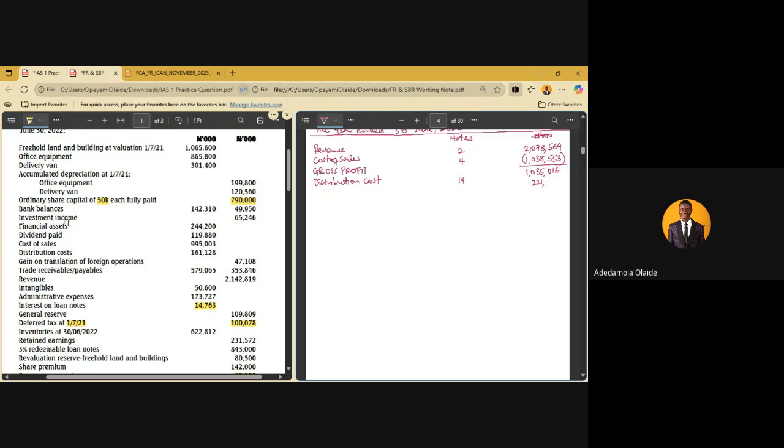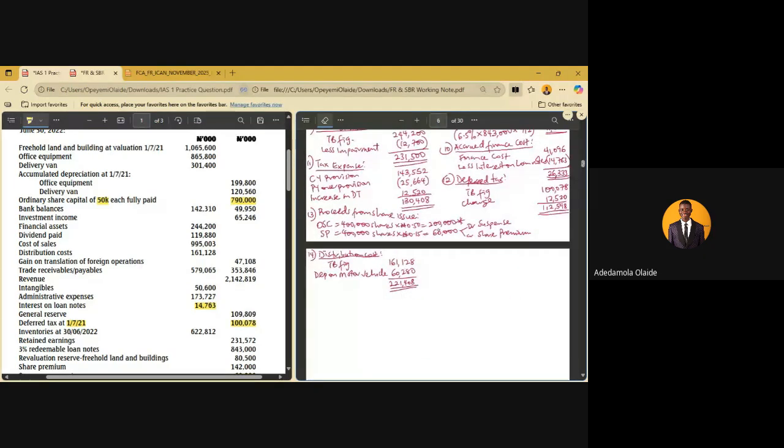We have other income, which is this investment income. So let's bring our other income first. But aside from the investment income, do we have any other income? Yes, we have. So note 15, other income.